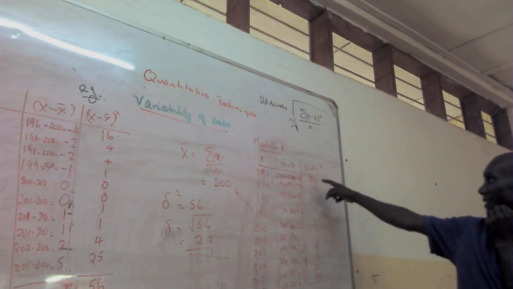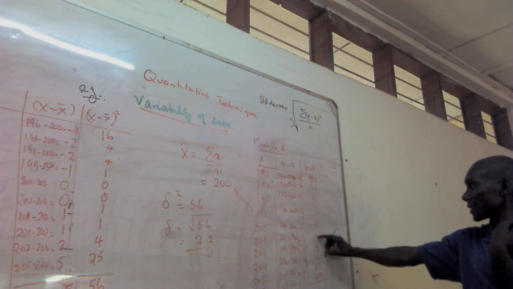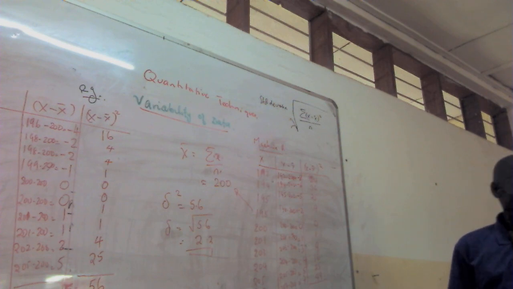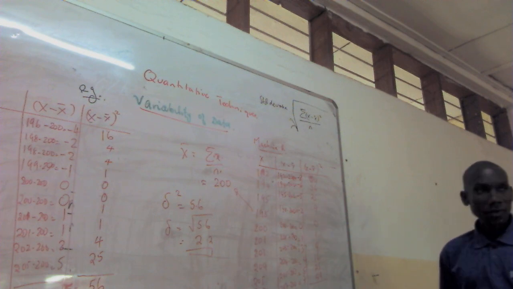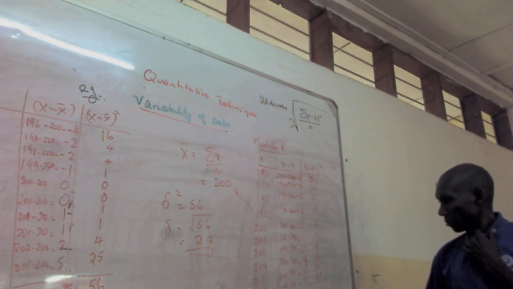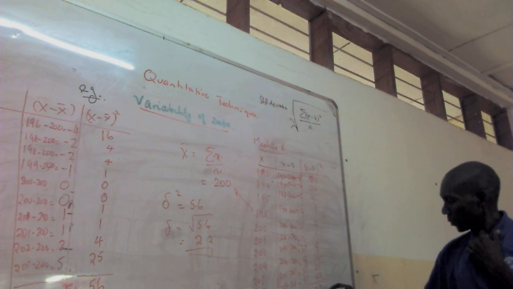When you add these numbers, you have added 64 plus this plus this plus this. You get 229.